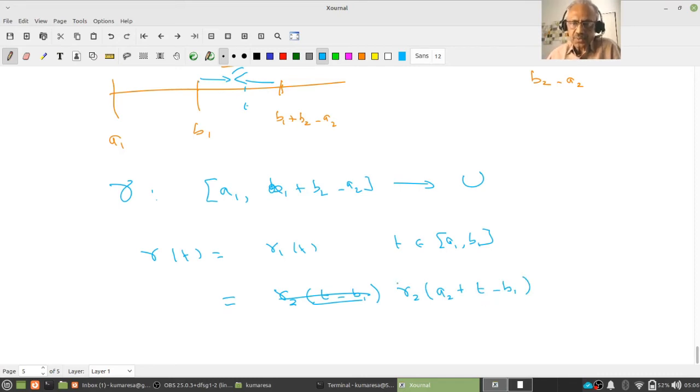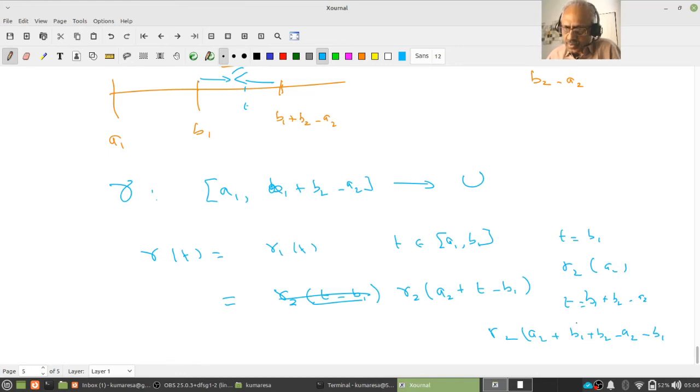When t equals B1, this is gamma 2 of A2. When t equals B1 plus B2 minus A2, you see that this is gamma 2 of A2 plus B1 plus B2 minus A2 minus B1.